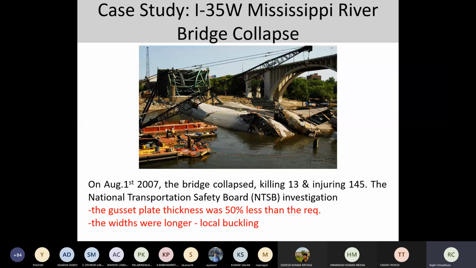But here, every member is a different entity. So if the width is longer, definitely you will experience local buckling, and once local buckling starts, the intended purpose of providing the gusset plate is over.